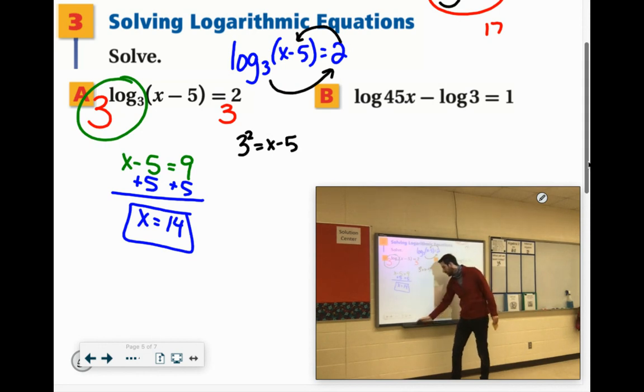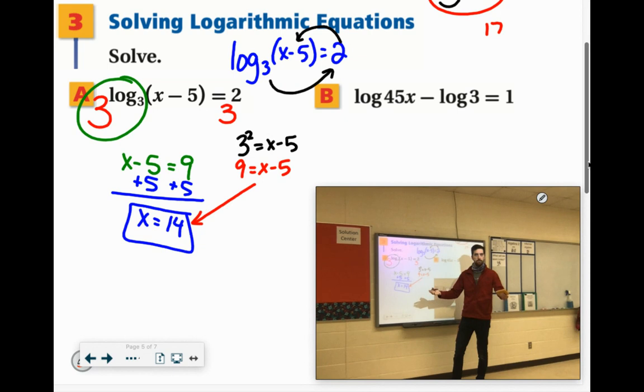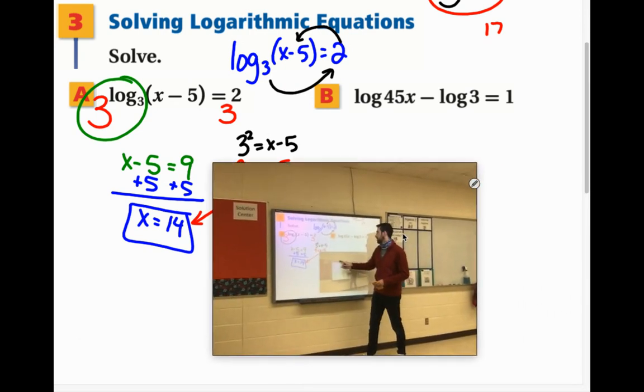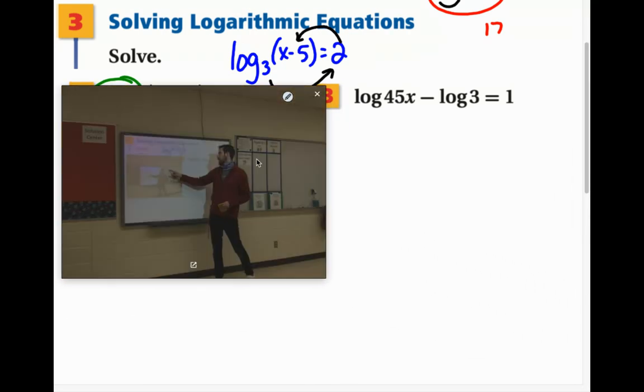And then 3 squared is 9. So you're left with 9 equals x minus 5. You add 5, and you end up with 14 that way. So whichever way you're more comfortable with, go with it. It gets you the same answer. All right, let's take a peek at letter B.